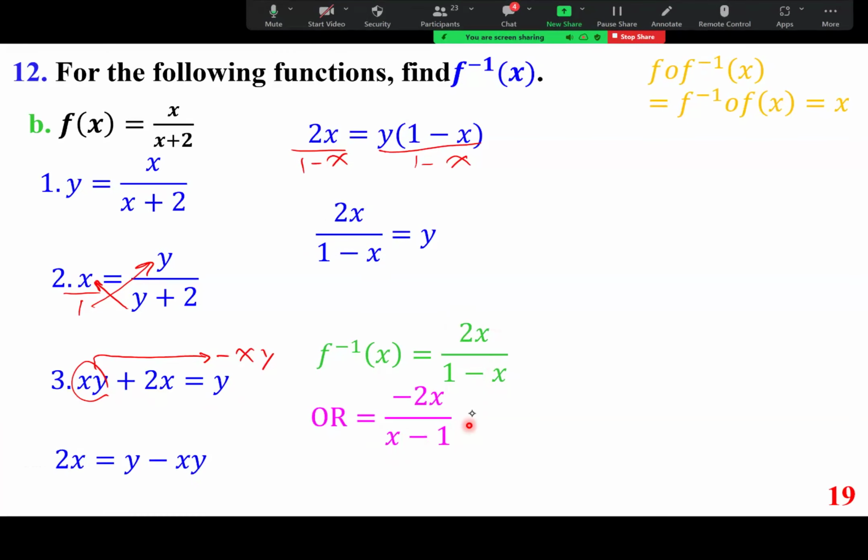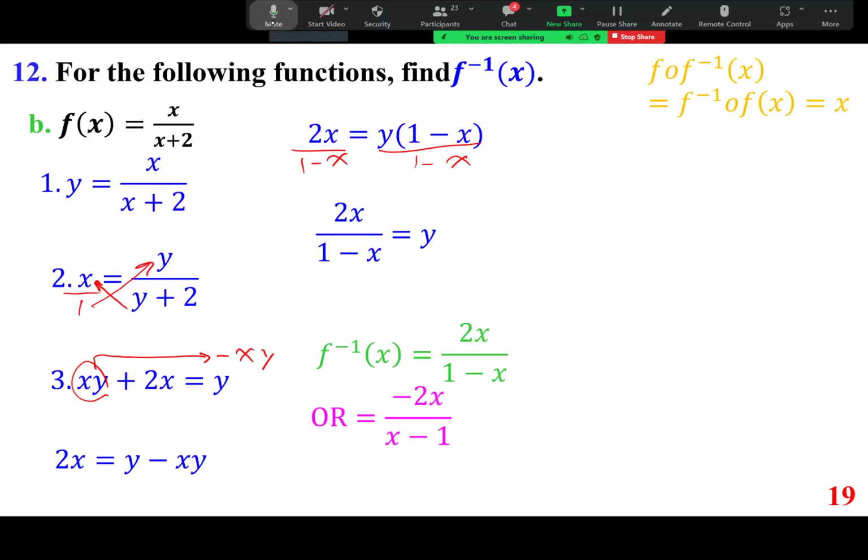So to find F of F inverse, we want to find F of F inverse of X, to prove we've come up with the correct answer.